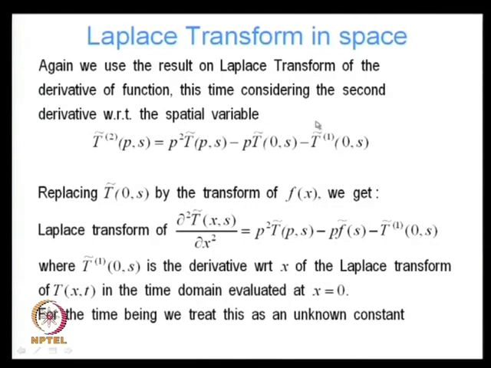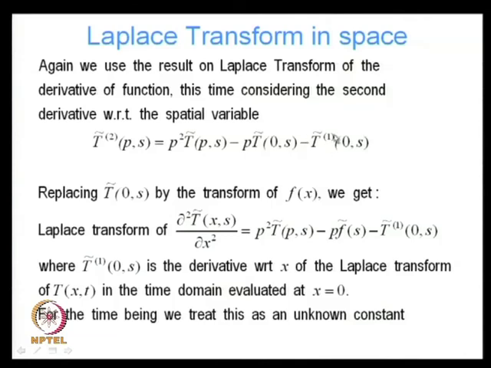If we use exactly that same expression for the Laplace transform of the derivative, we can see that the Laplace transform of the second derivative with respect to x gives something like this: p squared T tilde(p,s) minus p T tilde(0,s) minus T tilde_1(0,s).